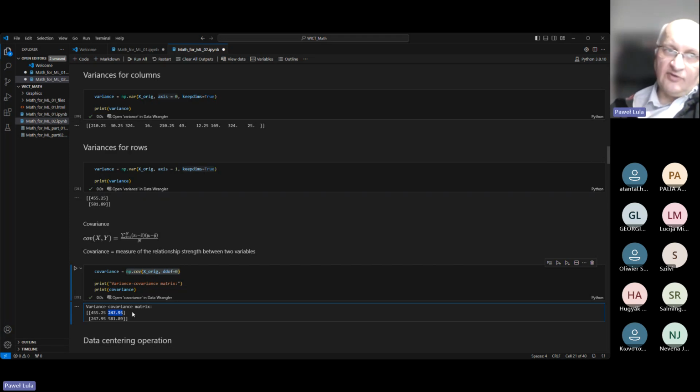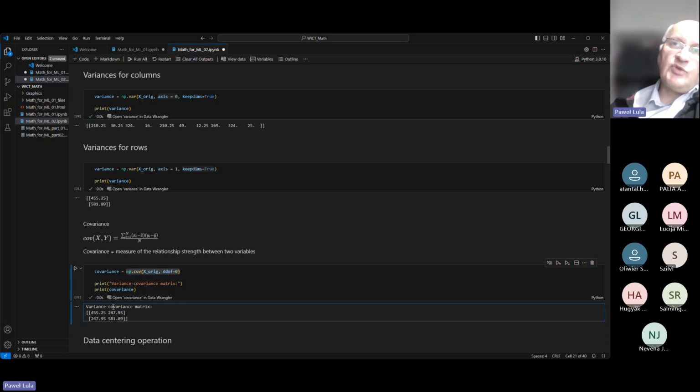It is positive. It means that the values of these two variables are correlated. And if the value of the first variable is greater, then also the second is greater. If the first is smaller, then also the second is smaller.